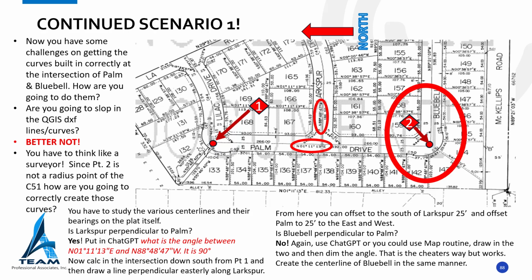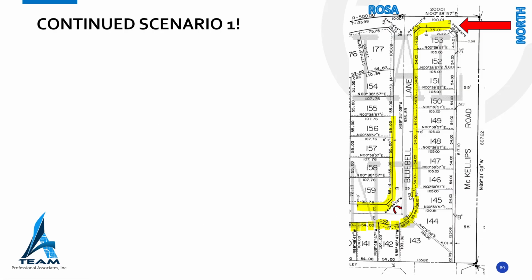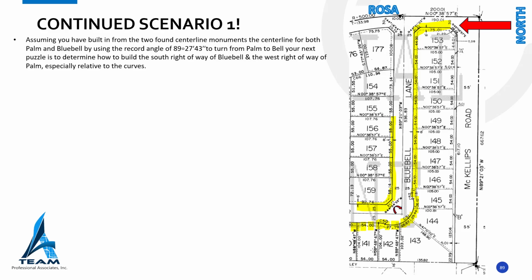So that would have created the center line of Bluebell if you would have rotated it the angle that it was supposed to be. So you would take this, rotate it from there, and there you go. Now it's in, right? So assuming you have built in from the two found centerline monuments the center line for both Palm and Bluebell, by using the record angle of 89°27'43" to turn from Palm to Bluebell.